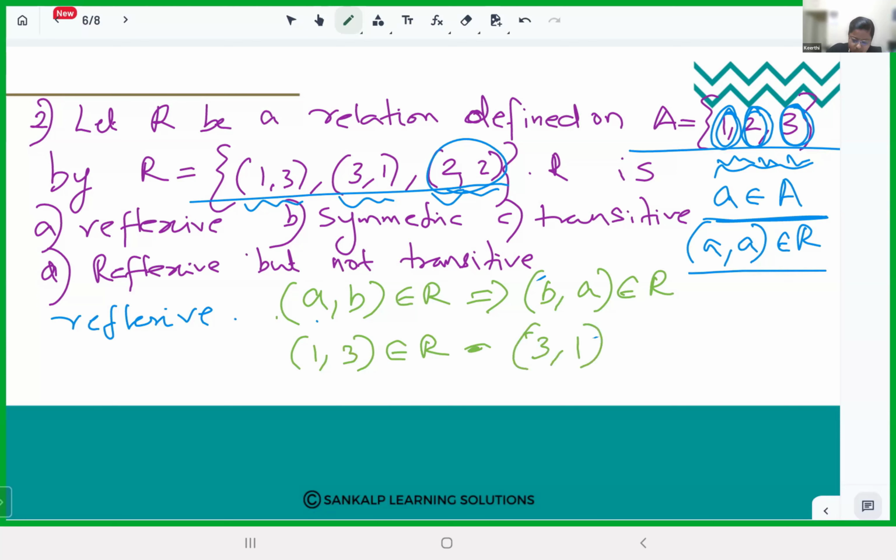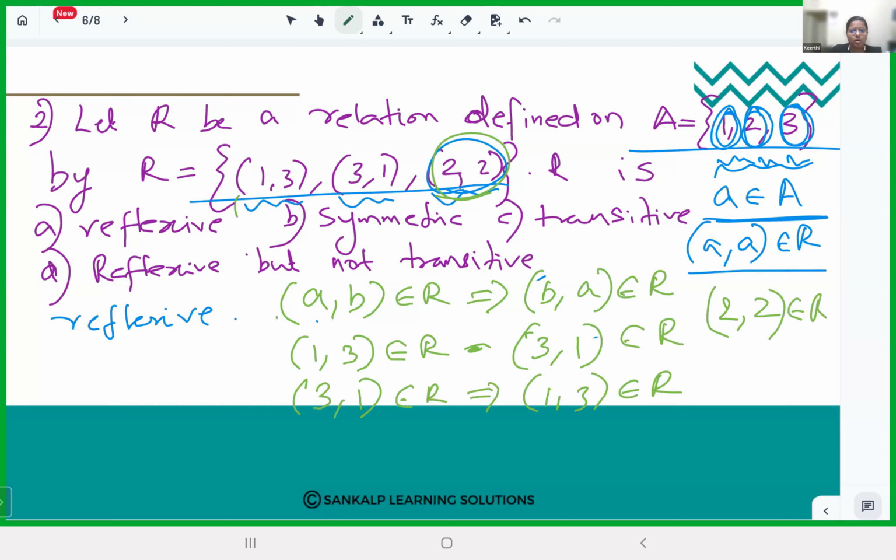Yes, (3, 1) also belongs to R. Likewise, (3, 1) belongs to R implies (1, 3) belongs to R. Now, (2, 2) also satisfies the condition of a symmetric relation. So this relation is symmetric because every element in the relation satisfies the symmetric condition. Now we have to check whether it is transitive also.